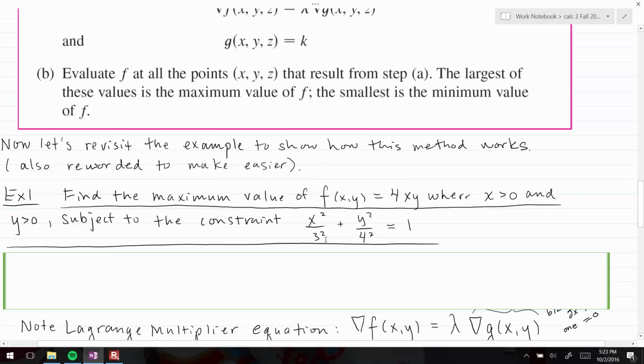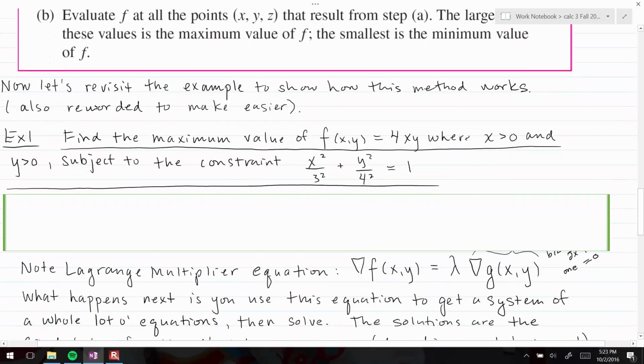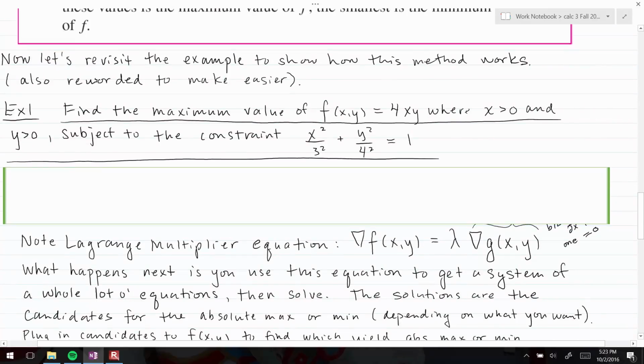This motivating example turns out to be exactly the same as this example 1, but it is stated in a way that you don't have to do as much setting up. It says find the maximum value of f of x, y equals 4xy, where x is greater than 0 and y is greater than 0, subject to the constraint x squared over 3 squared plus y squared over 4 squared equals 1.